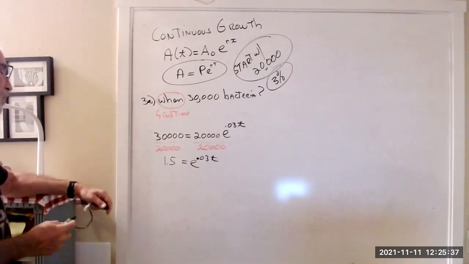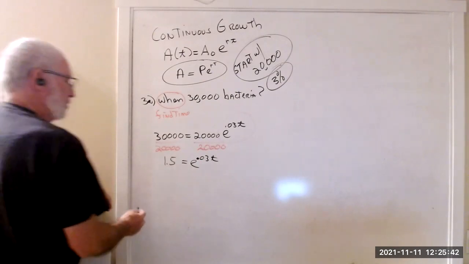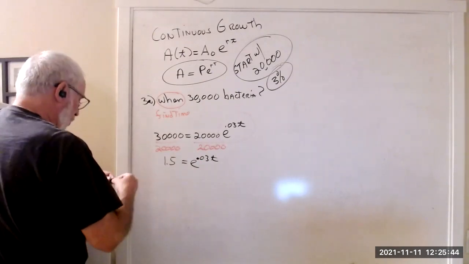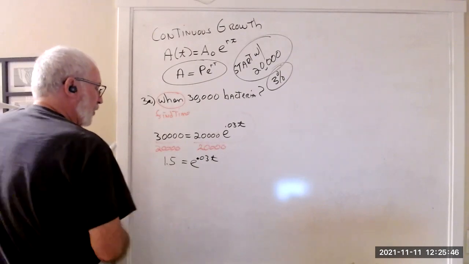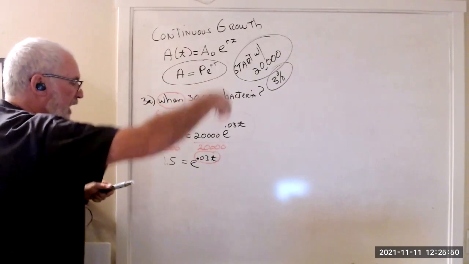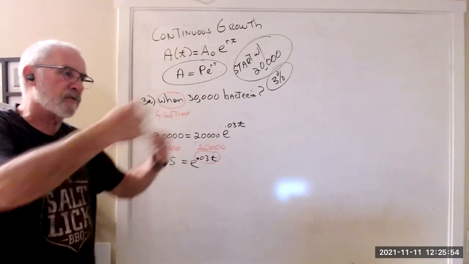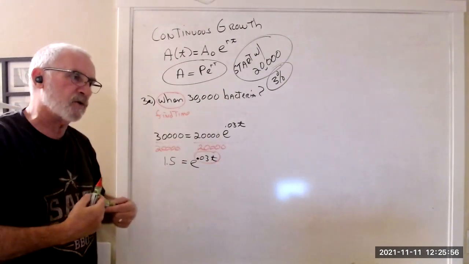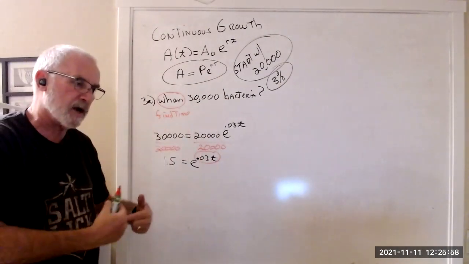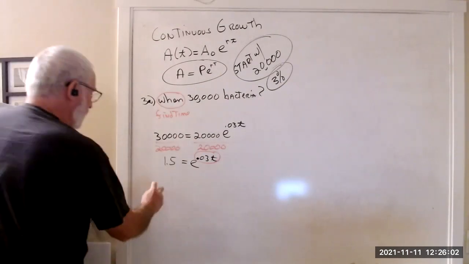Okay. I'm going to ln both sides again, because again, the thing I want, the t, is an exponent, and the only way I know to get it out of that position is to use the log laws to move it down. But to use the log laws, I have to have the ln of both sides.